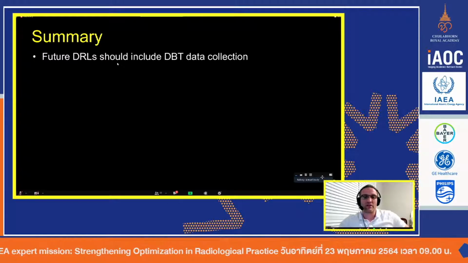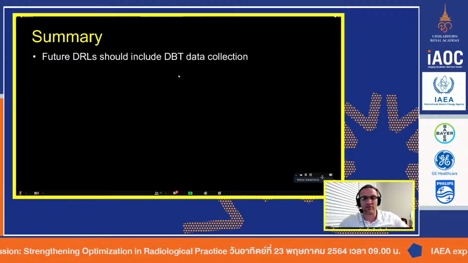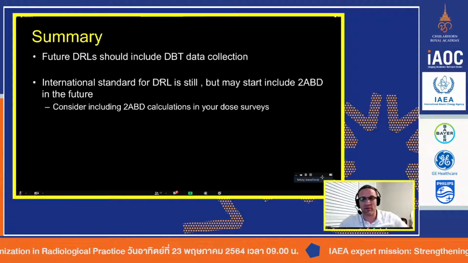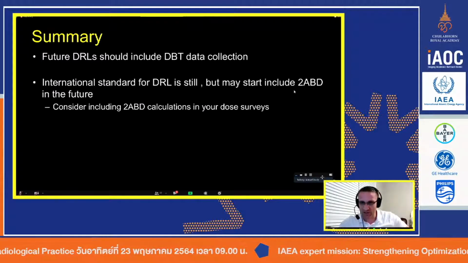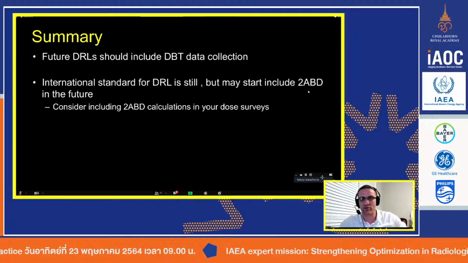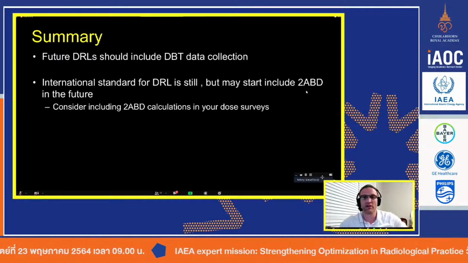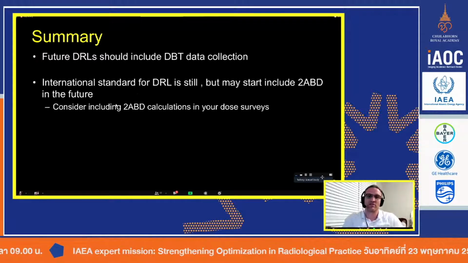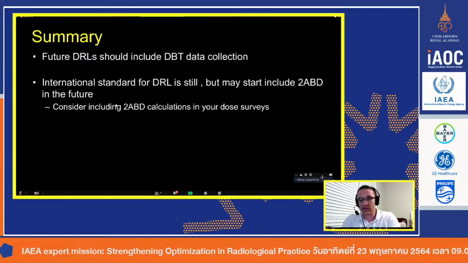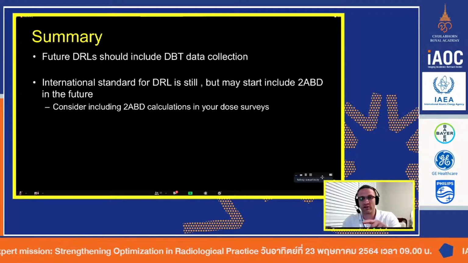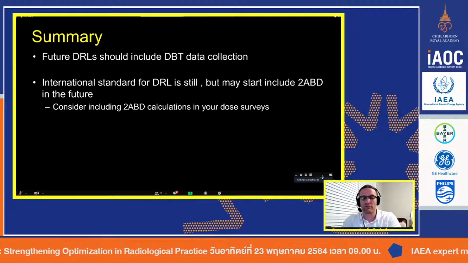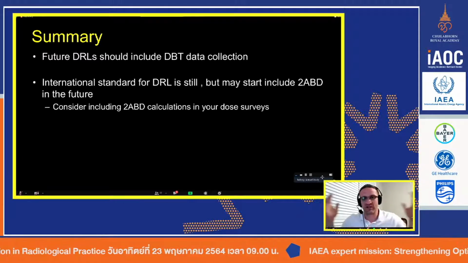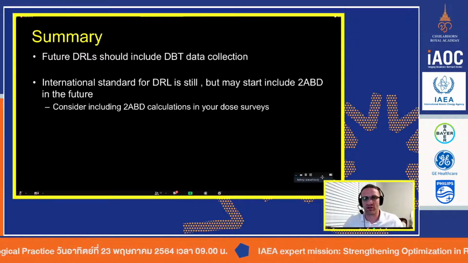Future DRLs should include DBT data, as I just talked about. I mentioned that there is a potential that I think in the future DRLs will include 2ABD instead of just mean glandular dose. So that's something you should consider as you start collecting this data for the next round. You're obviously going to have your mean glandular dose, because that's what pretty much everyone's doing internationally.